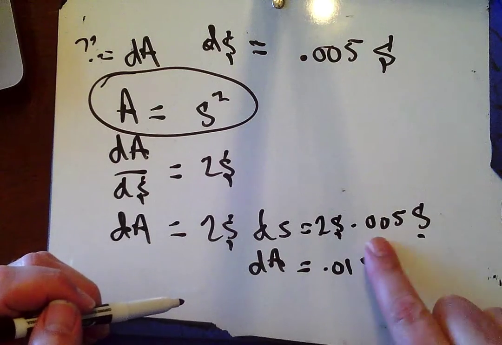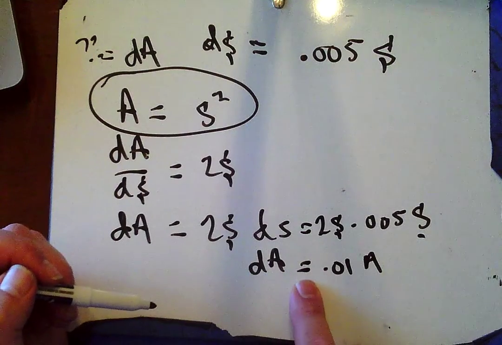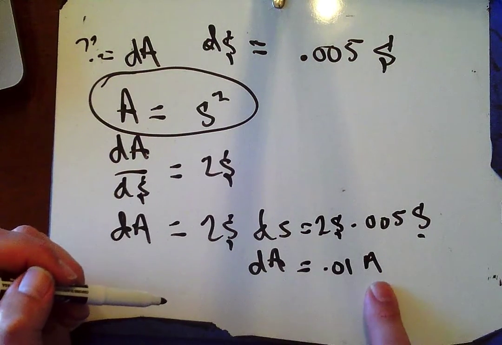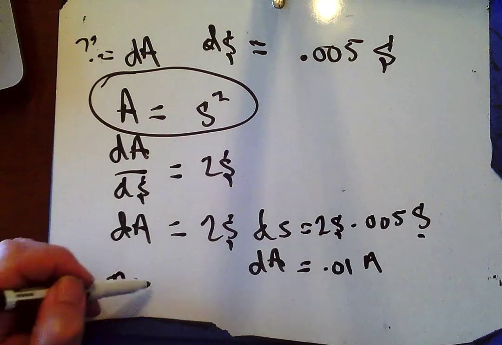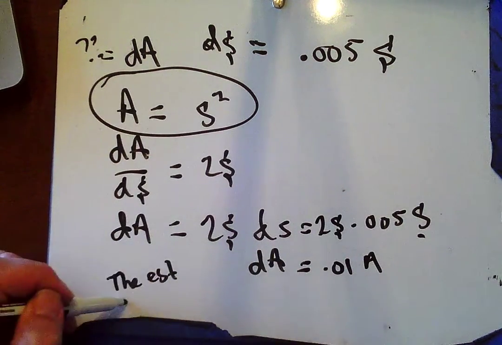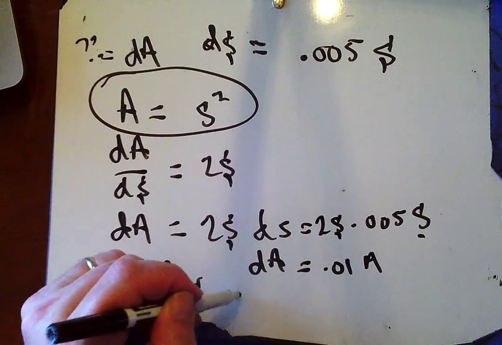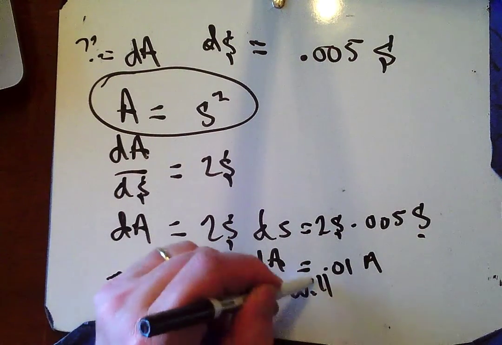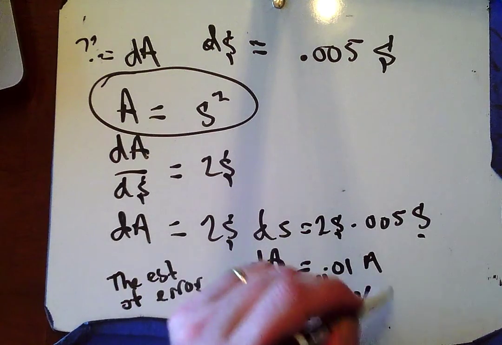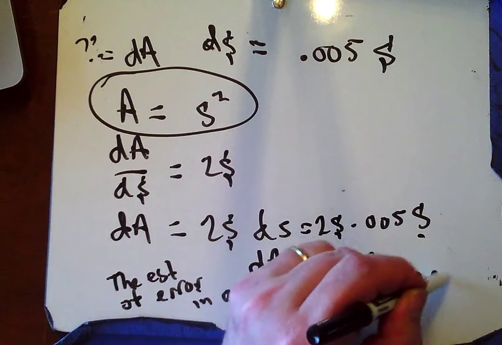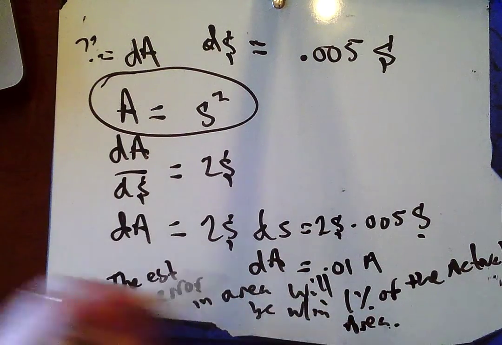So where I see s squared, I can plug in A. The error in area is 1% of the actual area. And this is, of course, our estimate. The estimate of error in area will be within 1%, 0.01, of the actual area. And that's minimally what I would write.